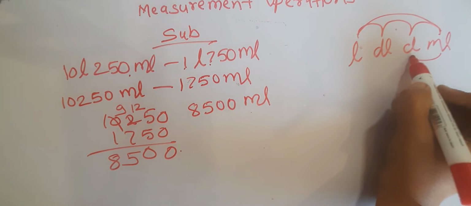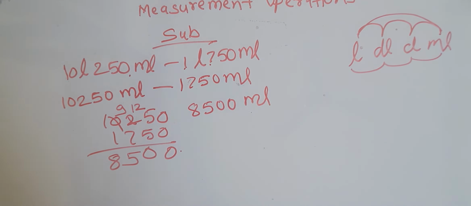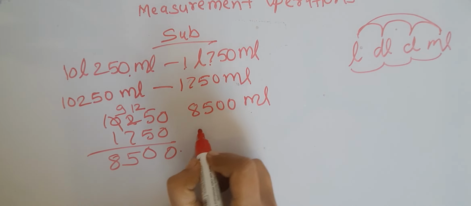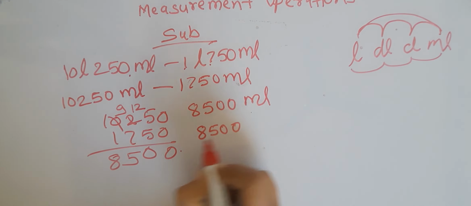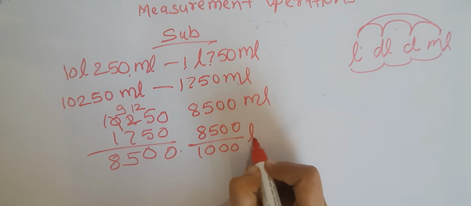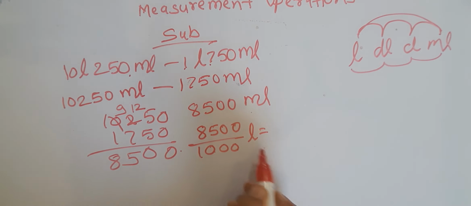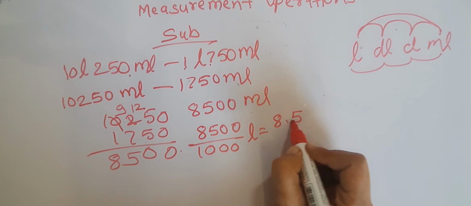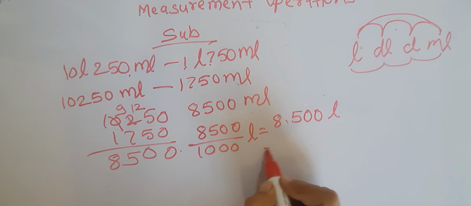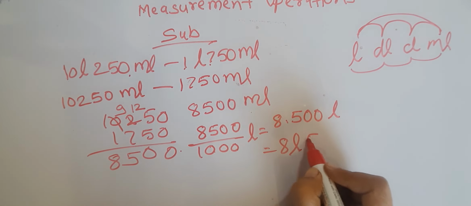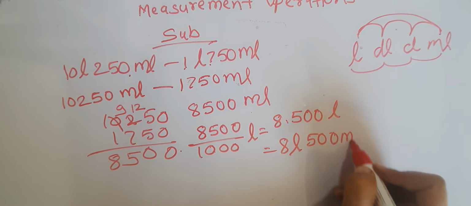So we'll convert it back into liters, and for converting back into liters, we have to divide it by 1000. Okay, so it will be 8500 divided by 1000 liter. Here there are 3 zeros, so 3 digits after the decimal point, it is 8.500 liter, or you can say 8 liter 500 milliliter.